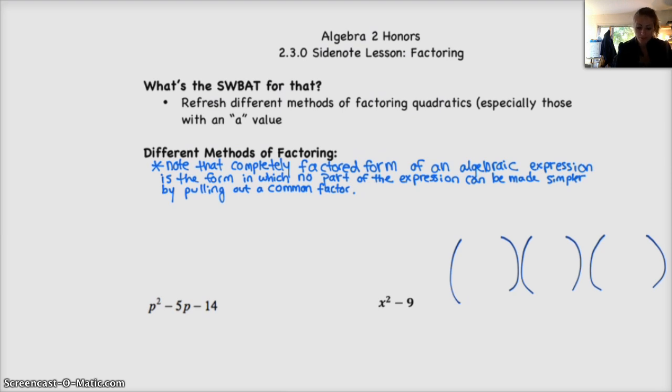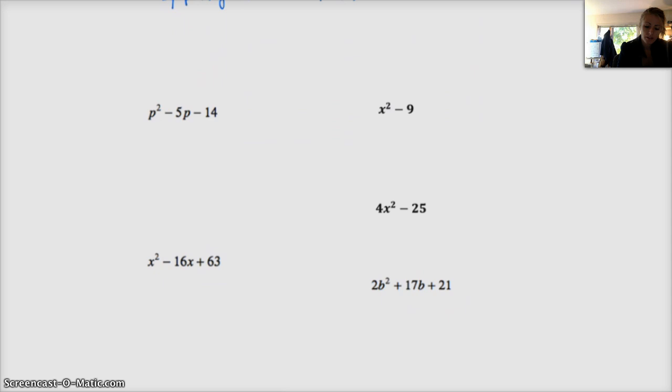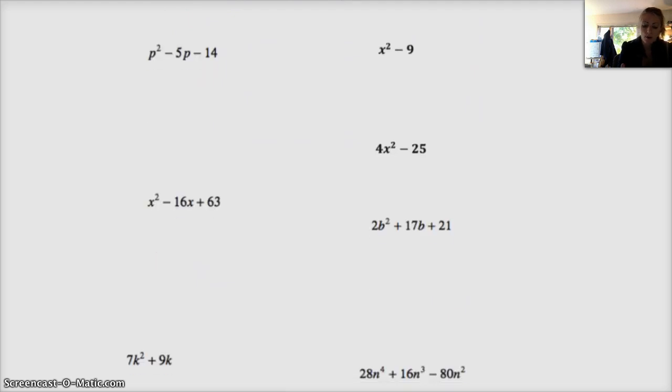Okay. So here goes. First one. Factor p squared minus 5p minus 14. So this is your basic factoring. Your first term, your a term, is 1, so you don't have to worry about that, right? So basically all you have to look at is what numbers multiply to negative 14 and add to equal negative 5.